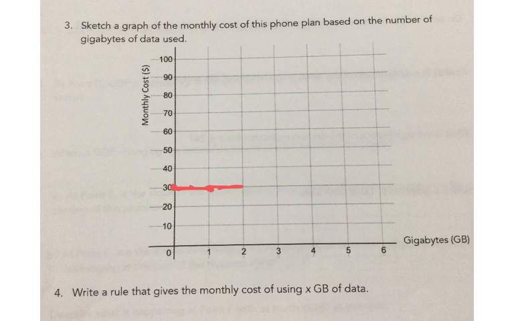What if I use 3 gigs? I would pay 40. If I use 4 gigs, I would pay 50, and 5, 60, and 6, 70, and all those values in between, because it's apparently prorated. Or if I use 2.5 gigs, I would pay 35.